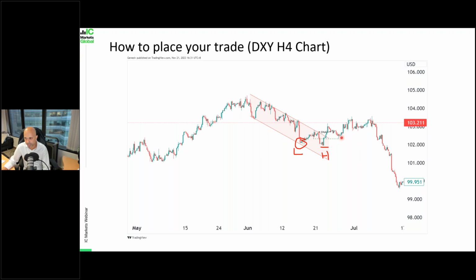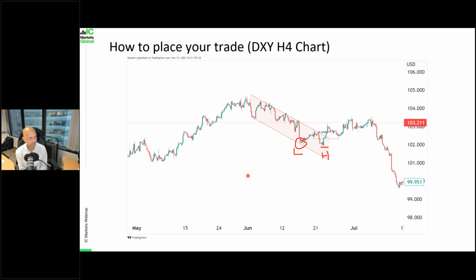As price goes up, you would be looking to go long on the dollar index over here. This would be probably around 102.30, 102.40, going up as high as about 103.40, so about 80 pips in profit.